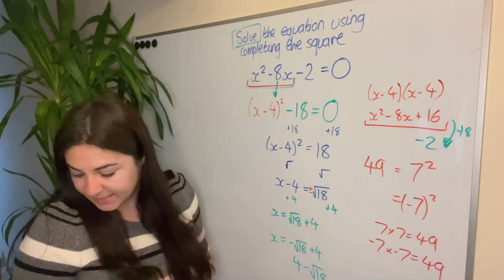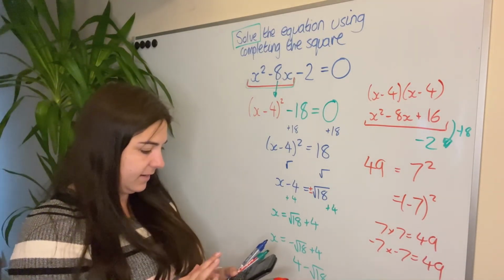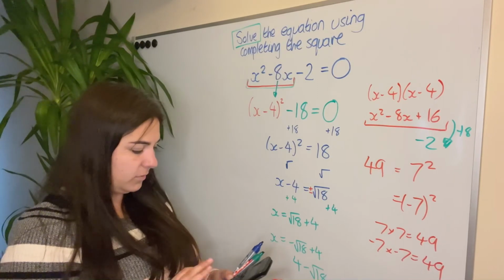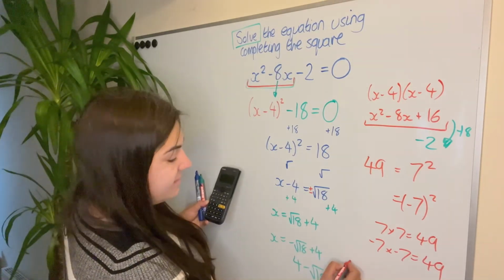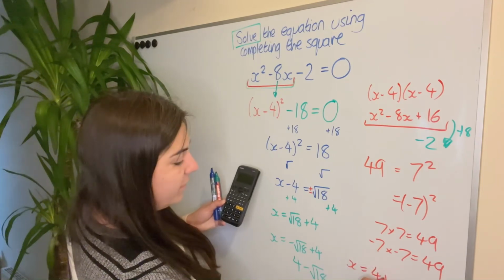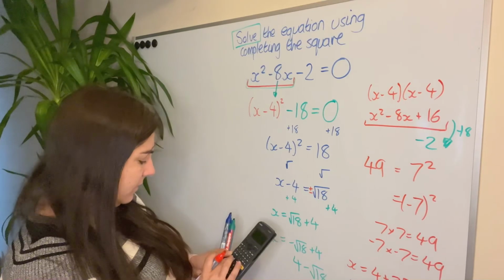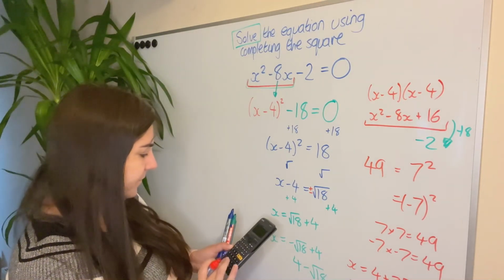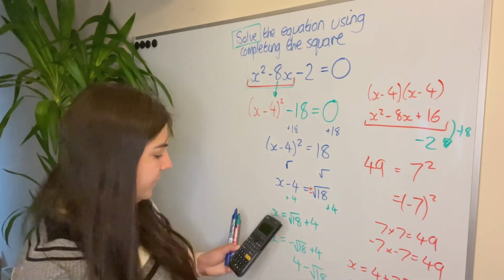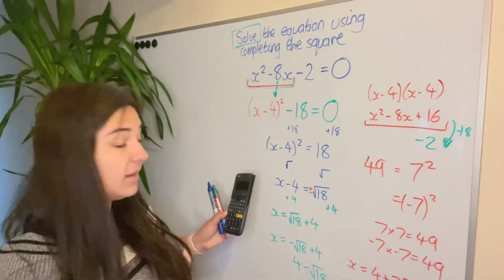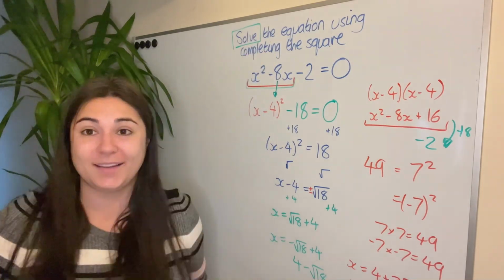And then let's work that out just so that you can see. So root 18 plus 4 would give me, my first answer would be x is 4 plus 3 root 2. My second answer would be 4 take root 18 is 4 take 3 root 2. And that's how you solve an equation using completing the square.